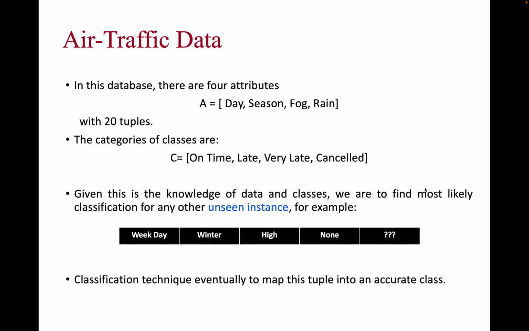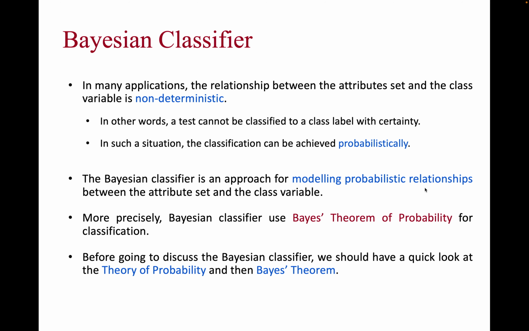Classification technique eventually is to map a tuple to an accurate class. Bayesian classifier. In many applications, the relationship between the attribute set and the class variable is non-deterministic. That means the independent variables given for prediction and the target are non-deterministic.